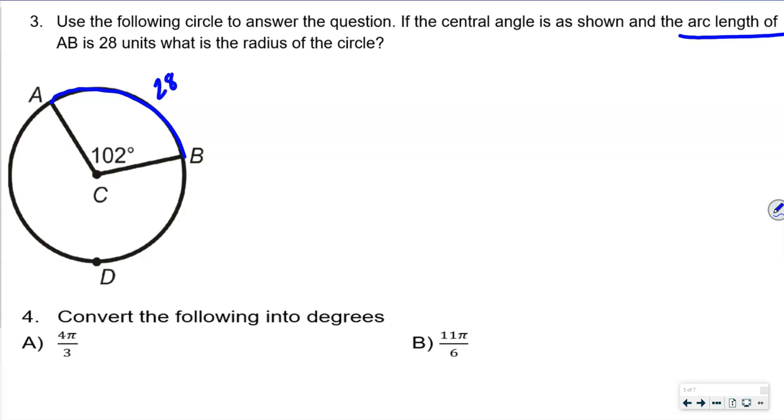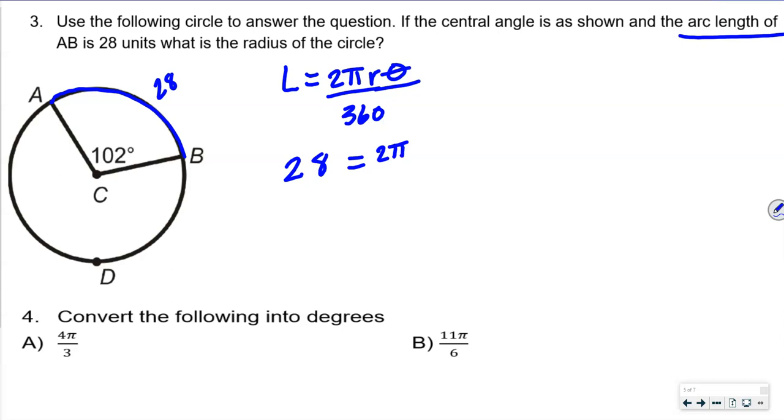So that means we're going to use the formula for length, which is 2 times pi times r, multiply that times theta, and then divide that by 360, okay? So it's telling us that arc length is 28. We know that the measure of theta is 102, so we're going to do 2 times pi times our 102, and we're going to divide that by 360.